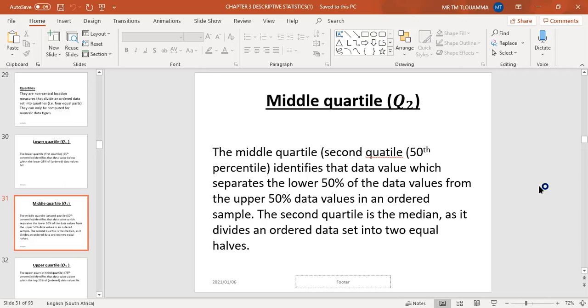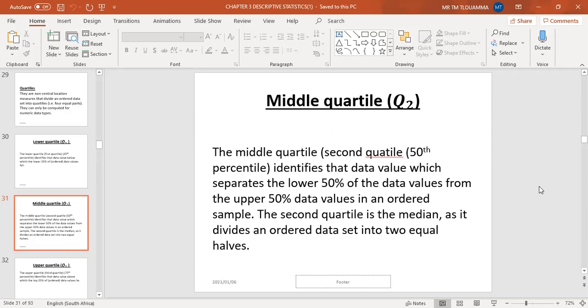So in other words, we can say that our middle quartile or our second quartile, which is Q2, is a median, because a median is a value which divides your data set into 2 equal halves. Just like what we just calculated.